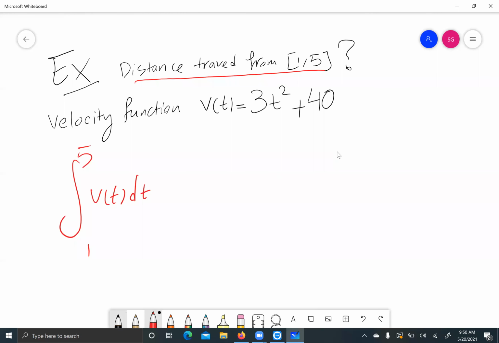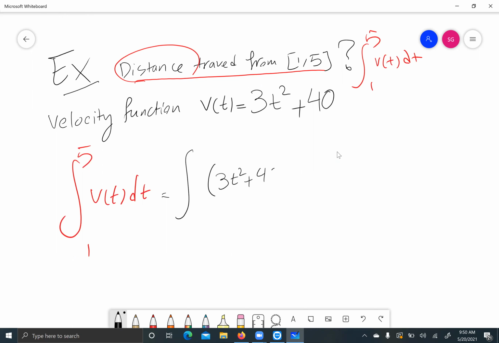Now, this is what we need to find. So I need to find the integral of 3t squared plus 4t with respect to the variable t from 1 to 5.